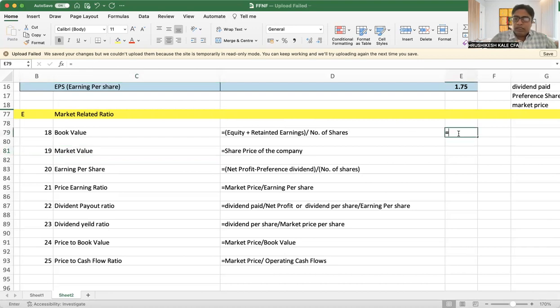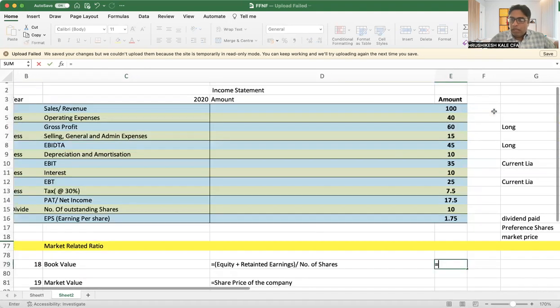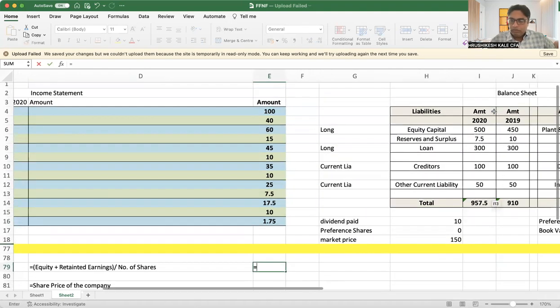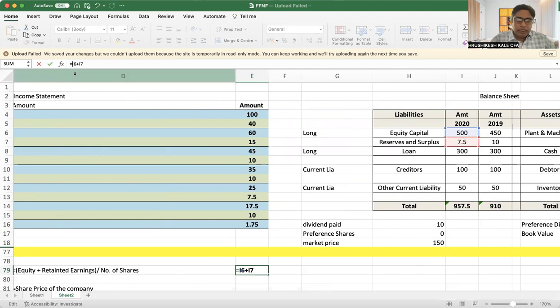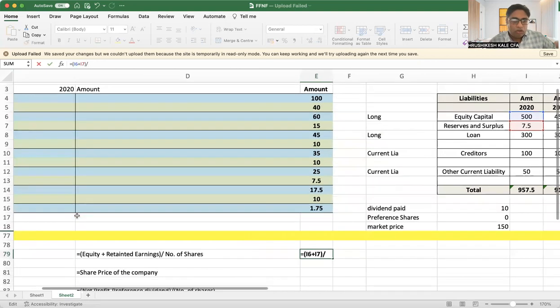Let's try calculating this. So if you go to the balance sheet for 2020, equity shares plus retained earning, I will put that in brackets, divided by the number of outstanding shares.